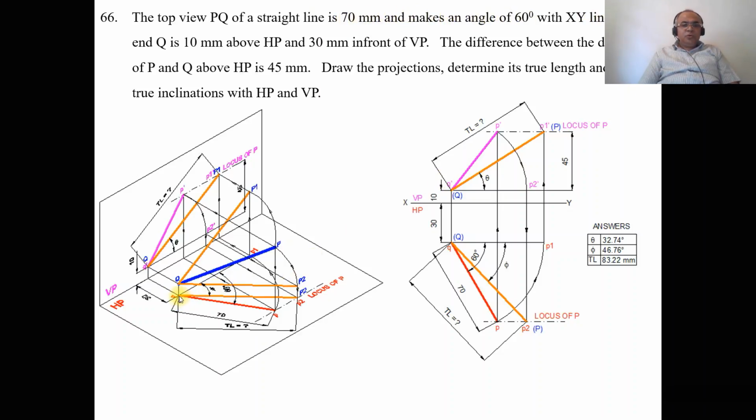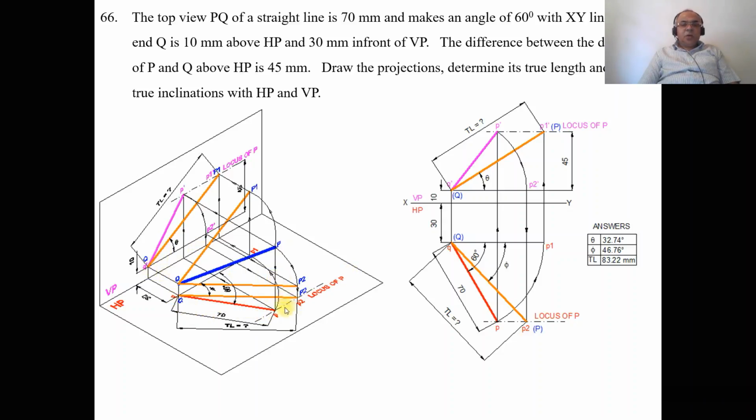So from small q you measure an angle of 60 degrees and draw an inclined line of 70 mm, so that you get a dash-dot line which gives small p, and this is the locus of Q. Then join q and p with a dotted line.